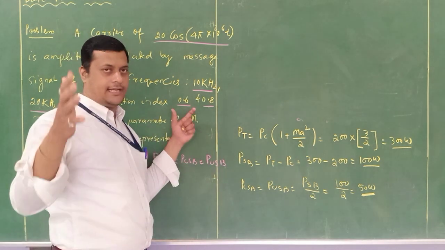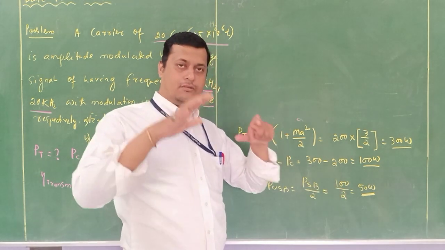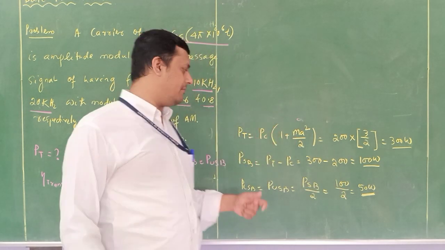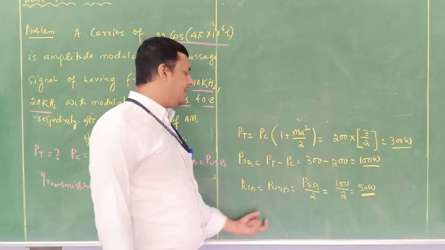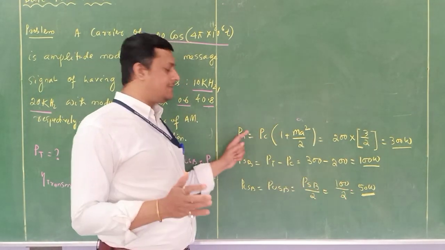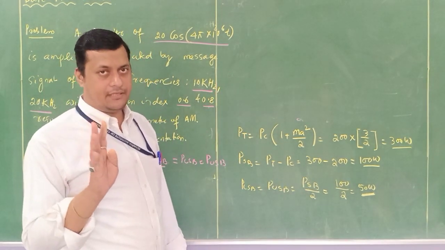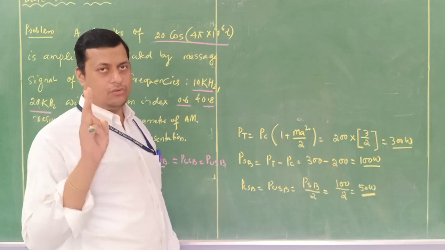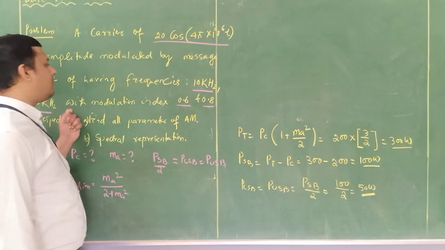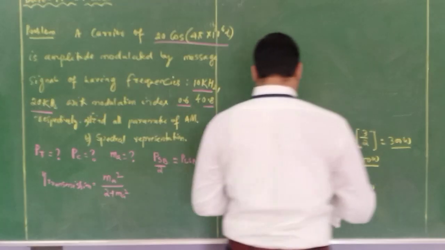I will represent this whole 50 watt into upper sideband and lower sideband. If I combine them, the resultant is 50. The total sideband means 4 components are available, 2 upper sideband and 2 lower sideband. Why? Because here 2 modulation indices are there, that we will calculate now. How? Let's see.